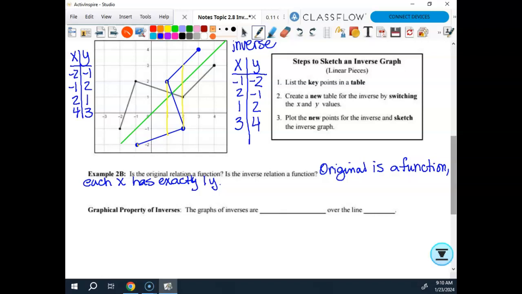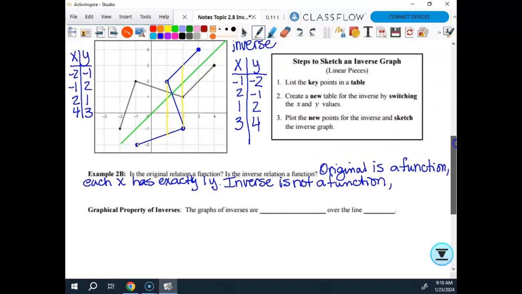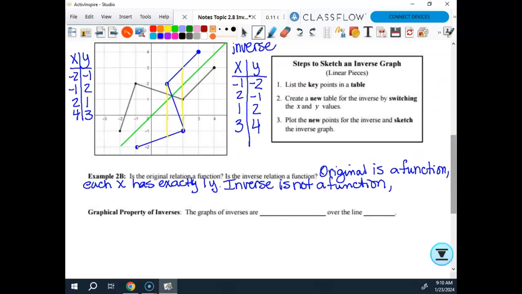All right. So now we're going to say the inverse is not a function. And my reason there is not because it's the middle child, but because not every x has exactly one y, like that's okay, but I can be more specific here.